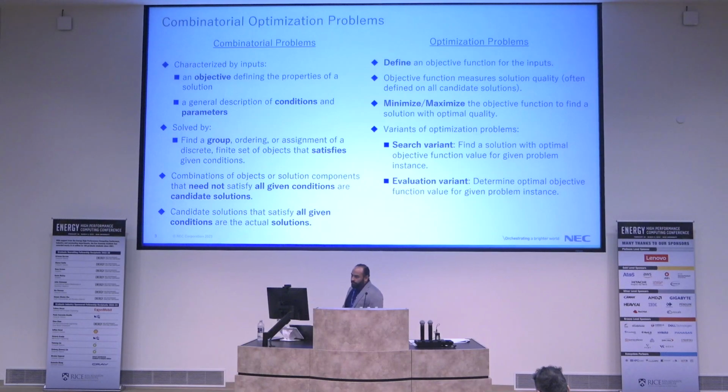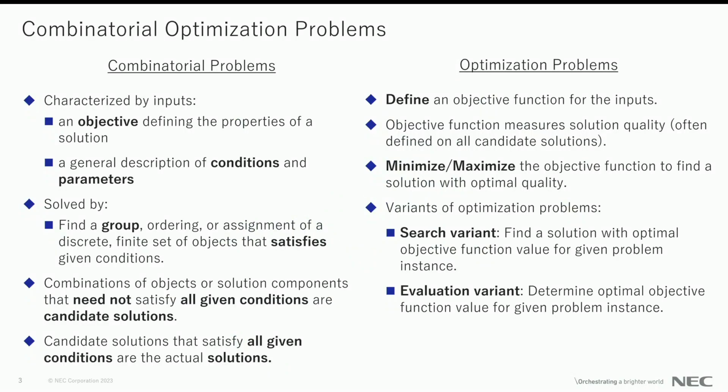So what is a combinatorial optimization problem? To understand that, let's break it down into combinatorial problem and then see what optimization is. A combinatorial problem is basically, as the name suggests, something that has multiple combinations to solution. And it is characterized by an objective and the conditions to achieving that objective.